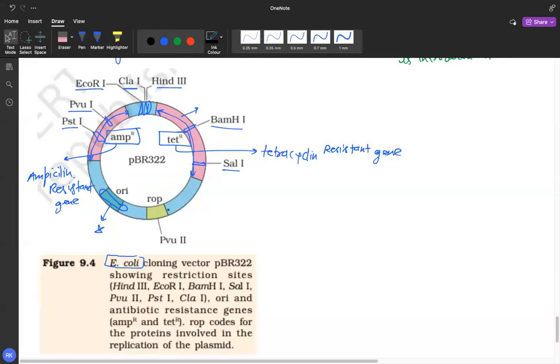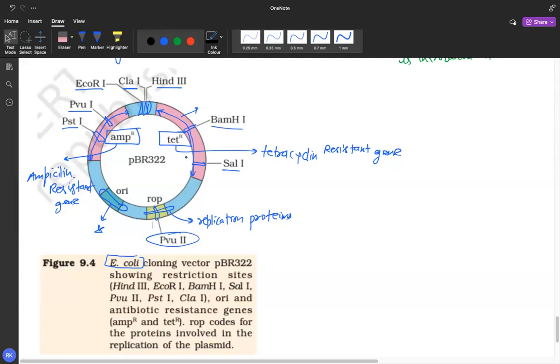So it's anything extra that this plasmid needs to be functional inside a host cell, and which the host cell cannot provide, then you have to insert all of it. It's like a package. So this is for additional proteins which are involved in replication of the plasmid. And this is another restriction endonuclease site here. So it has multiple sites.